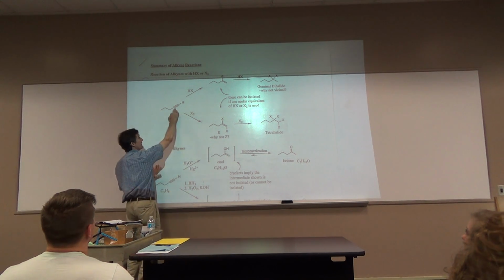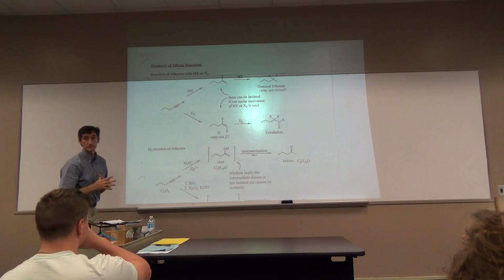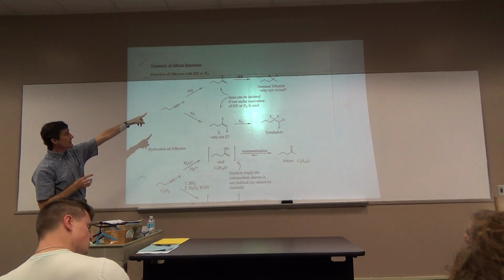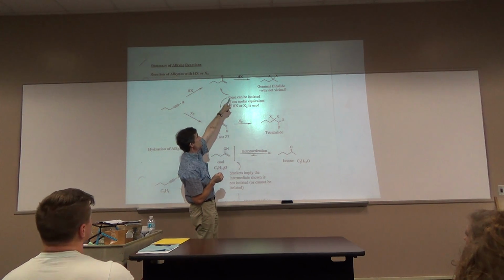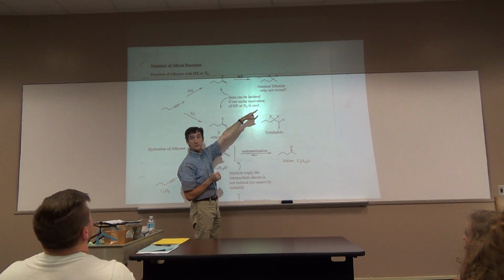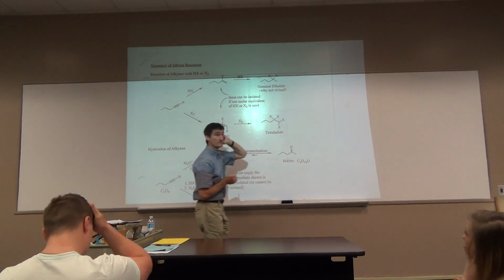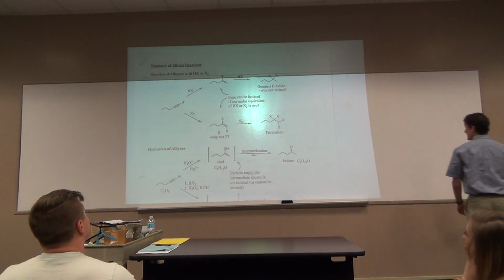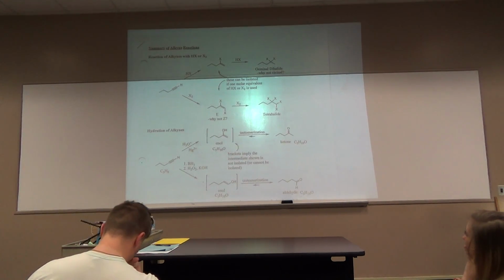And so if cation's there, that's where the X is going to bond. That's why the X is on that carbon. But guess what? That's an alkene. The product is an alkene. It can react again with HX. And so you can have twice the fun. We'll refer back to this as we go along.